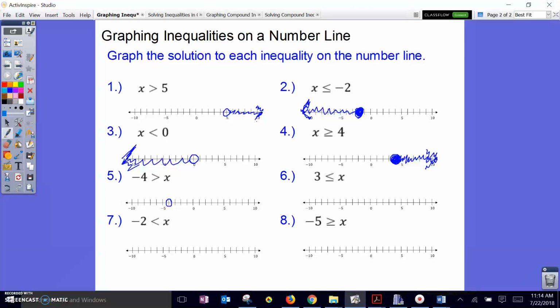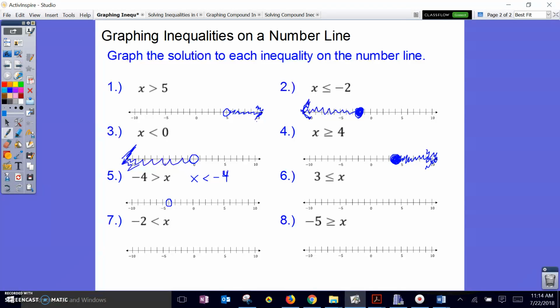And if you think about it, what this inequality means, if we flip the script here, it says -4 is greater than x, which means the same thing as x is smaller than -4. And whenever we switch the sides of what are in an inequality, we flip that inequality sign.